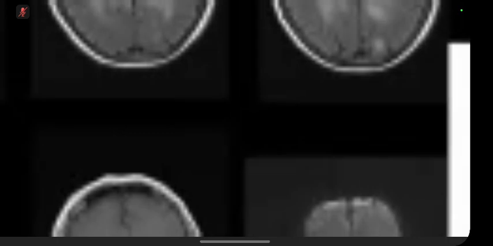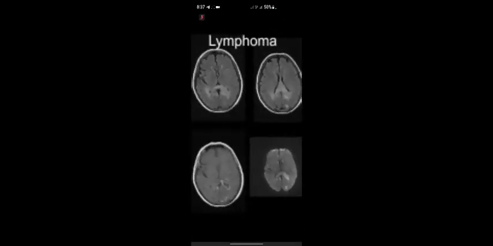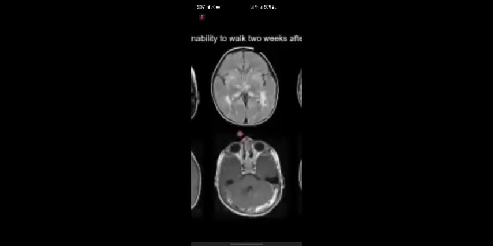And this is what we call lymphoma, periventricular. I've not given you all the images, but just wanted to make the point that it is crossing the midline, and it is actually multifocal. Some rim enhancement, etc., is present.